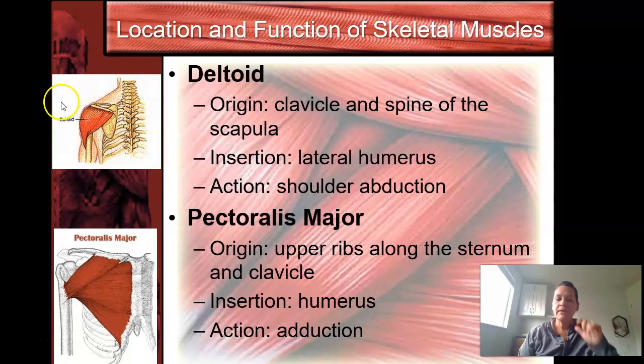Your pectoralis major, the origin is the upper ribs along the sternum and clavicle. Okay, right here, this is your sternum underneath here. And this is where the pectoralis major connects, the origin. And then the insertion is the humerus. And this is adduction. So that's bringing it back. Okay, bringing it back.